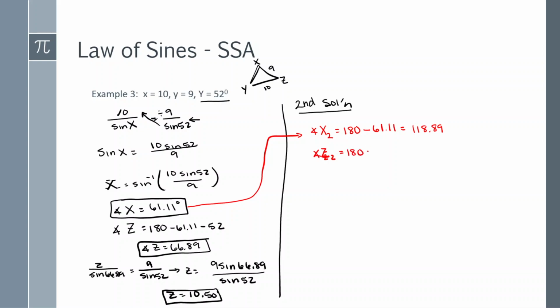So the three angles have to add up to 180 degrees. Now the 52-degree angle that they gave me to begin with doesn't change, so I still have to use it. But I'll do 180 minus 118.89 minus 52, and I get 9.11 degrees. So it's a pretty small angle.